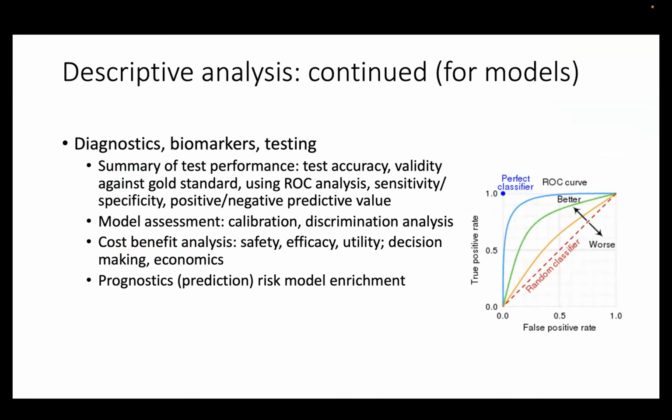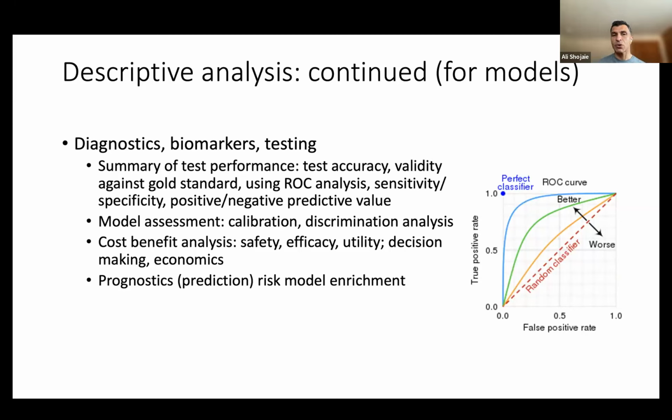You could also think about descriptive analysis for findings of your study. So for example, when you think about diagnostic biomarkers, you want to summarize the performance of your biomarker. You want to think about the accuracy of that biomarker in some test data, how valid it is against gold standards. And a lot of times one common tool that is used is the ROC curve, which stands for receiver operating characteristic chart, but that comes from signal processing and is not specific to biomedical studies.